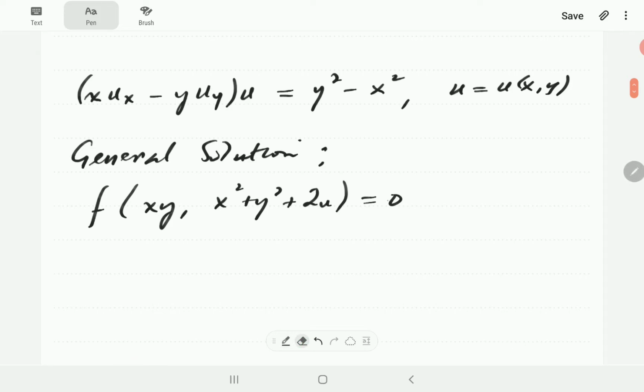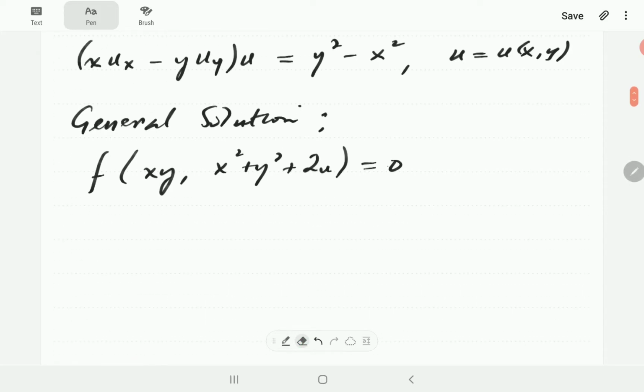This solution, we can rewrite it as follows. If we make u the subject of the formula, then we can write this as u equal to f of xy, where this f now is going to be different from that f, minus x squared plus y squared all over 2.